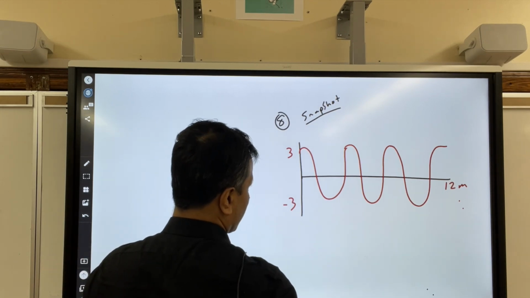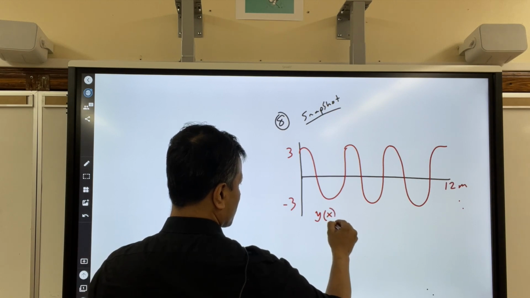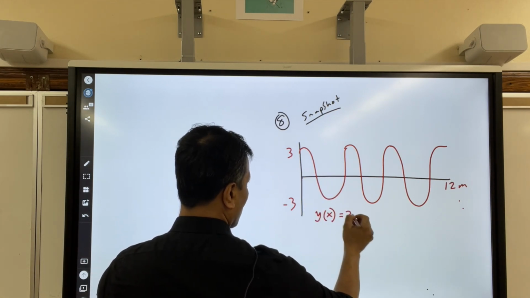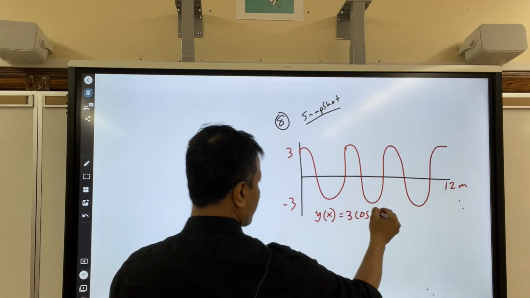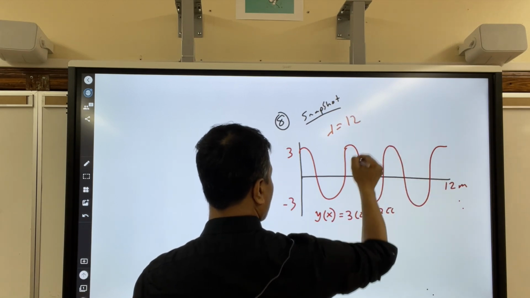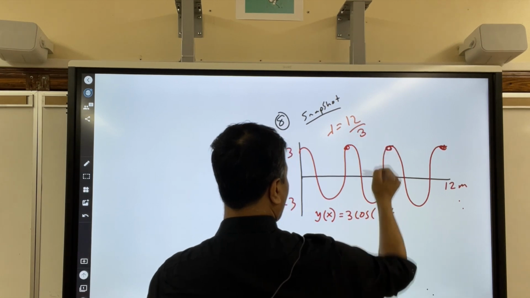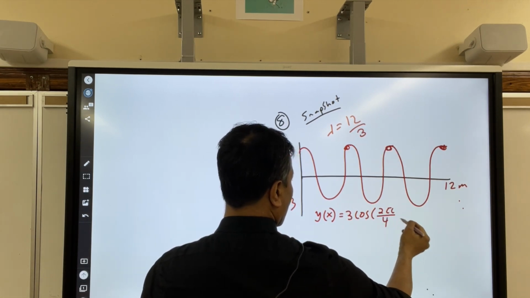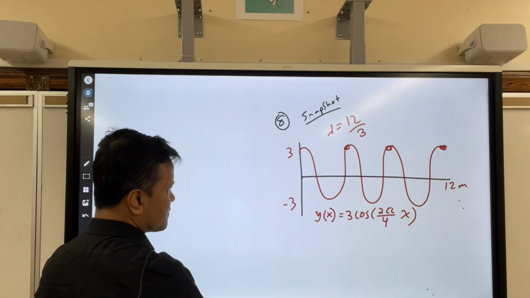I want you to write the equation, so let's go ahead and write the equation. y of x is equal to 3 cosine 2 pi over lambda. You have to write lambda, distance 12, cycles 1, 2, 3, so 4, and this is x. All right, so this is done.